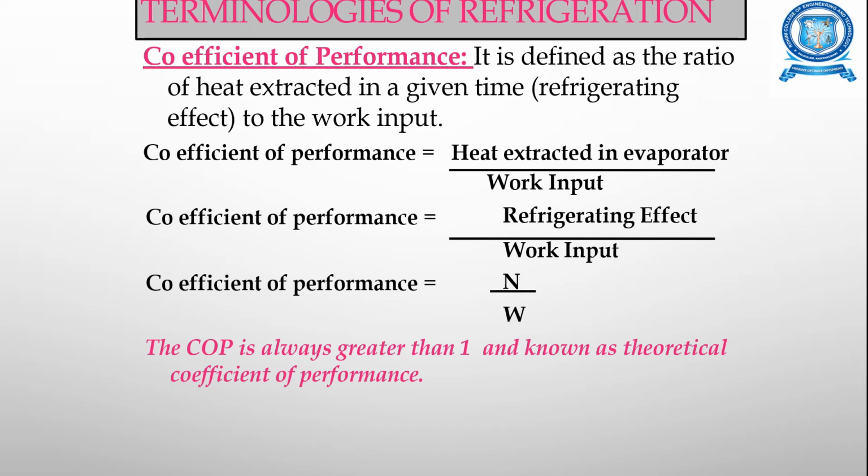So the coefficient of performance is equal to the refrigerating effect divided by the work input. That is, COP is equal to N, the refrigerating effect, divided by W, which is the work input. And this COP is always greater than 1.